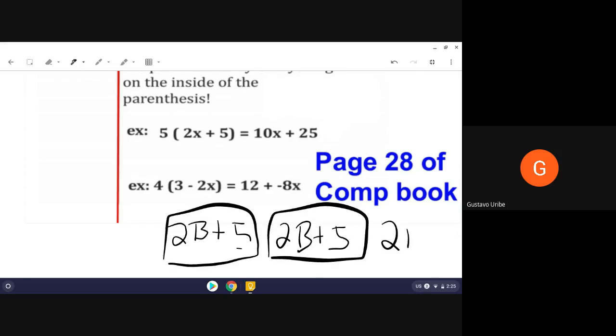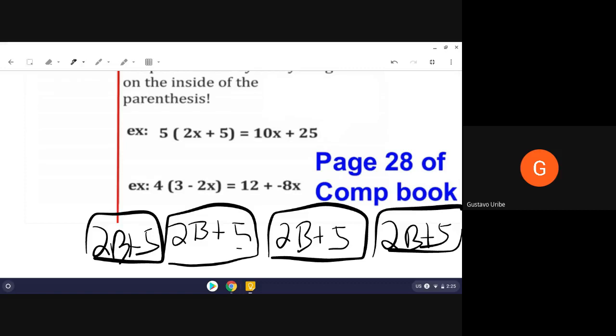And then this is 3. And the same thing for the 4th person. And the same thing for the 5th person. So I'll have 1, 2, 3, 4, and 5. 5 orders of 2 burgers and 5 fries.